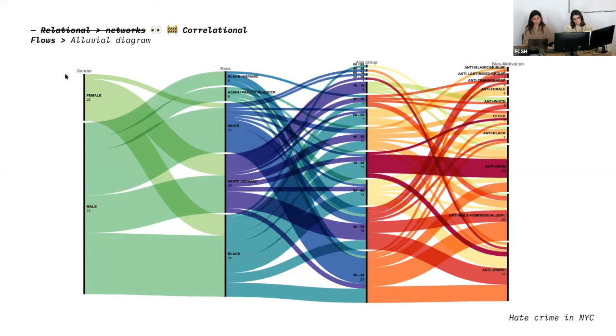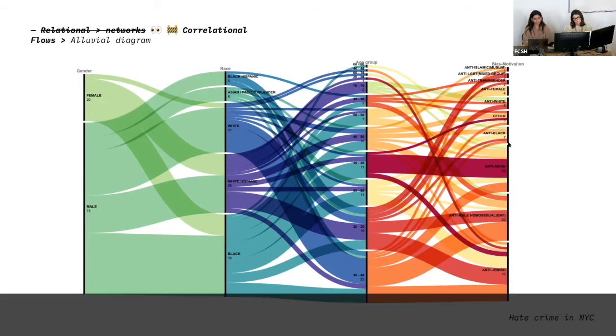In this case, we can see the male node and female node, split both by race, split by age group, and finally on the right, split all these nodes by bias motivation in order to study hate crime in New York City.